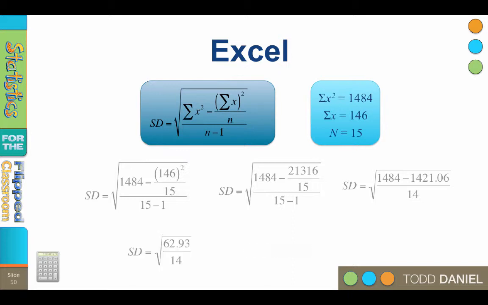The value is 4.4952. Take the square root, and the final answer, rounded to 2 decimal places, is 2.12. When we use formulas, we do summation to get the values that we need, then we plug them into the formula. Then we use PEMDAS to solve the formula.